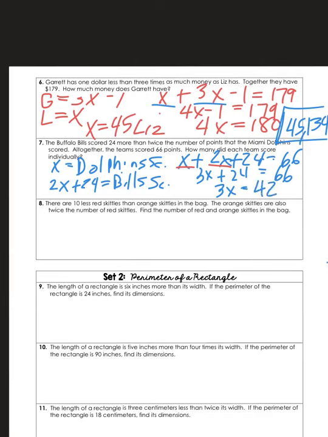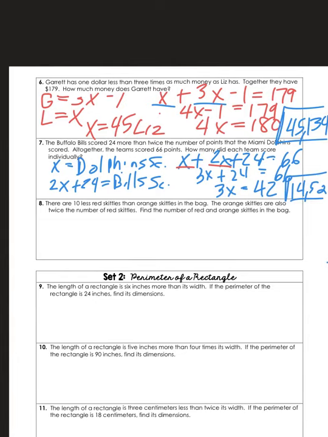And if we divide 42 by 3, x equals 14. So 14 is the score that the Dolphins had. And then to find the score that the Bills had, we plug in 14. 2 times 14 is 28, plus 24 is 52. This was an old-fashioned butt whooping.